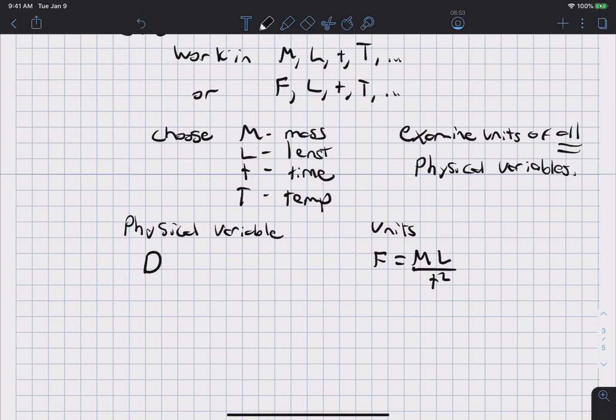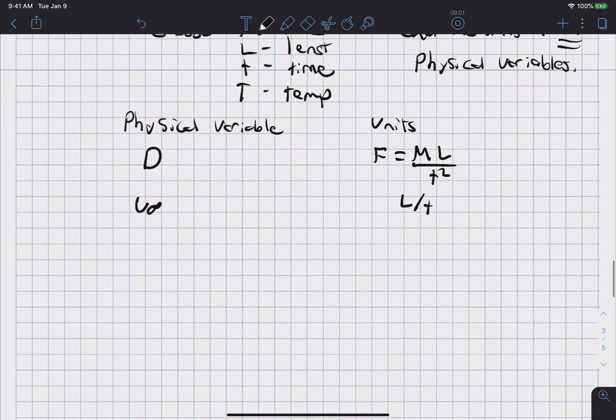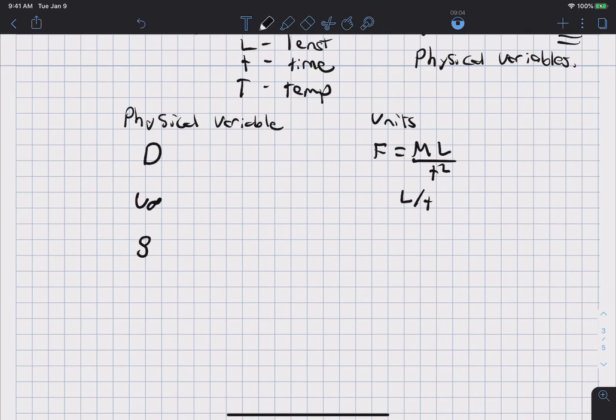Okay. We have V infinity, and those units are meters per second, really length over time. We have rho infinity, which is just a density, and so that is a mass per unit volume, or mass divided by L cubed.